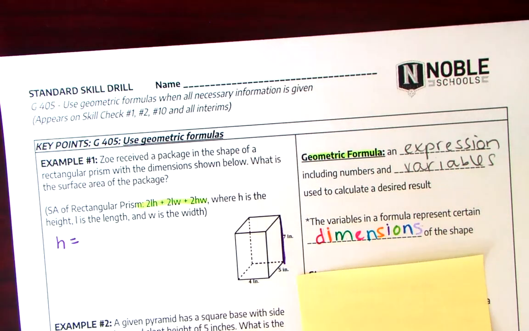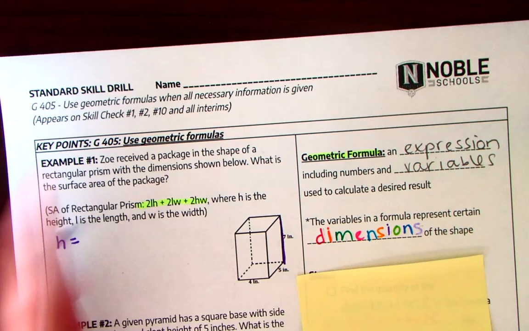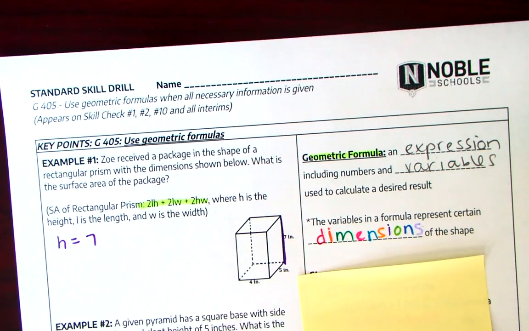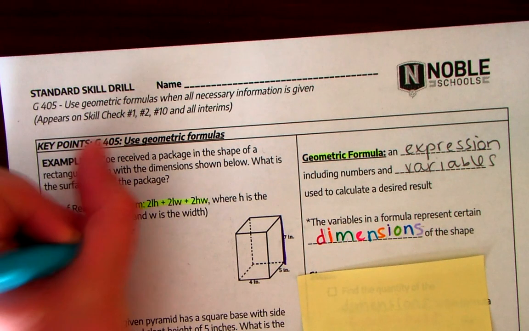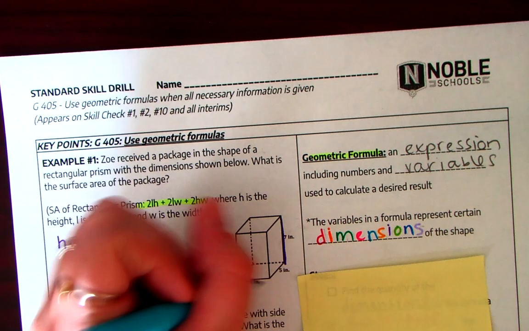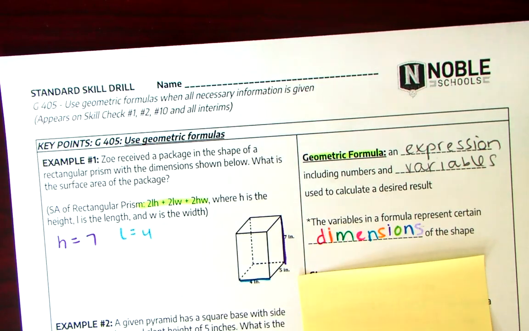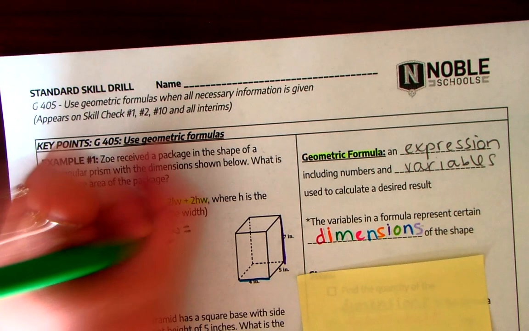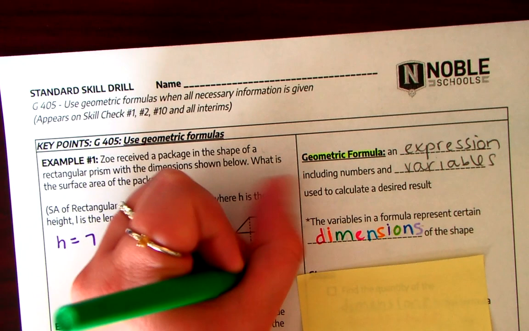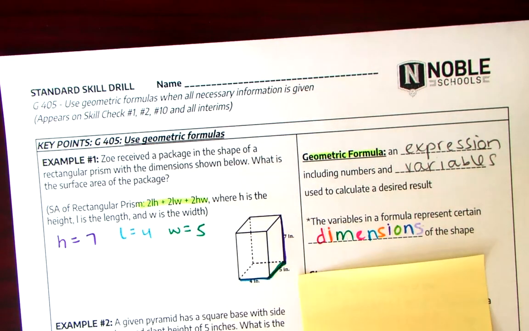Like that's 7 inches. We're talking about L being the length. So L, length, let's maybe make it 4. And then W is the width. So how wide the object is, 5 in this case, okay?